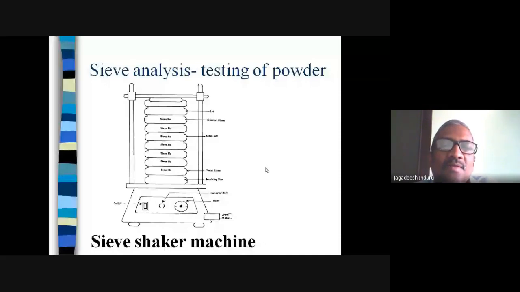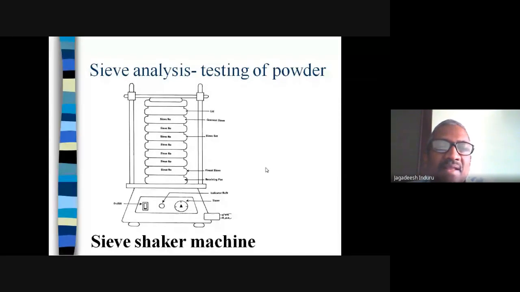In this, we open the lid, put the sample which we want to analyze at the top sieve, and we shake it for 2 to 5 minutes, depending upon the powder characteristic. Once you have shaken it, you get a fraction of powder separated in every sieve, because every sieve will have 2 fractions.